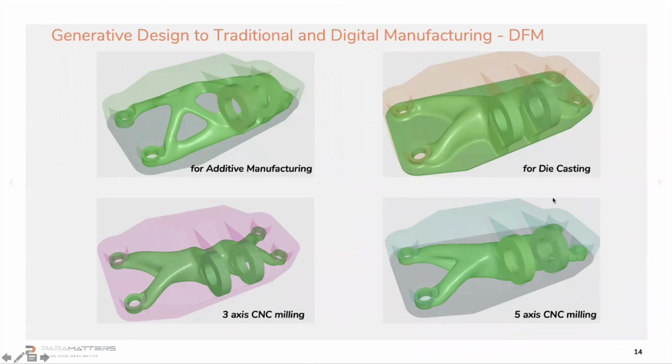Great. Michael, another question came in. This is interesting. Are there any plans for design for manufacturability for metal binder jetting? Yes. Actually, applying die casting constraints works very well for metal binder jetting due to its manufacturing limitations of having support structures and constraints.